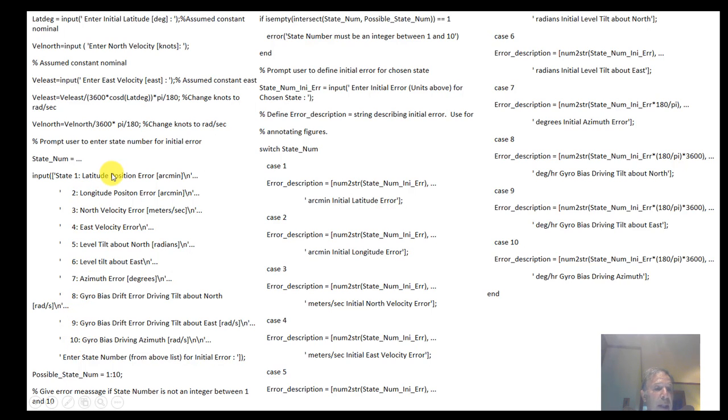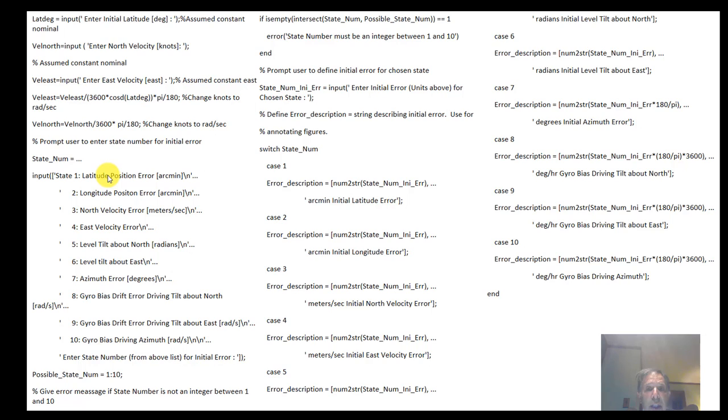After inputting our latitude and velocities and changing to the appropriate units, we choose which parameter or case we want to simulate. Now, if you remember in the heuristic simplified error presentation, we showed 5 cases. And the last case was a superposition of 2 cases. In particular, the last case, case 5 that is, had an initial latitude error as well as a Z gyro bias error.